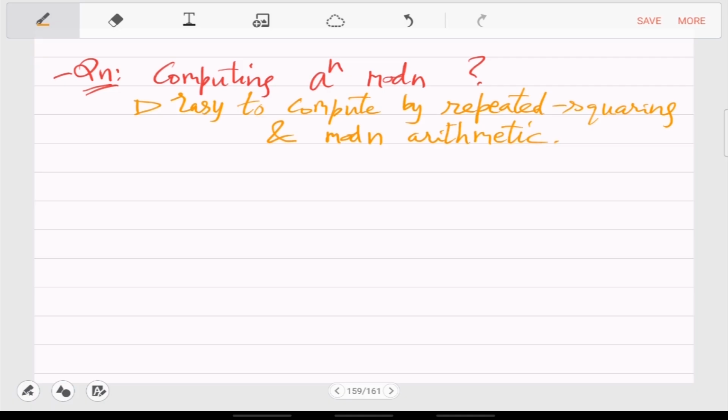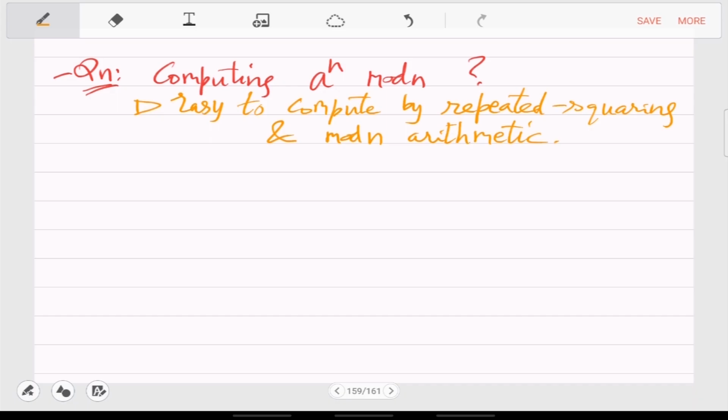In few steps, you will get a raised to n mod n value. Okay, so this is a very fast algorithm to implement. So when n is prime, you will know that a to the n is a, so then there is nothing to compute. But if n is composite, then what the value is, this can be done practically for very, very large n also. So any questions?